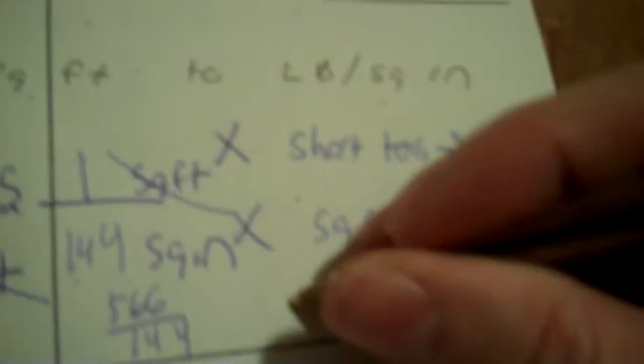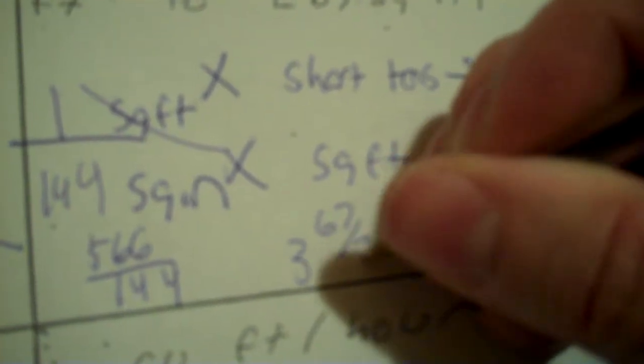Then 1 times 1 times 144 is 144. Now I divide. Second PRB equals 3 and 67 6/70 seconds. Pounds per square inch.